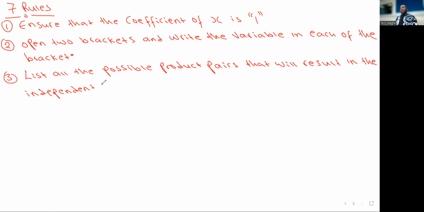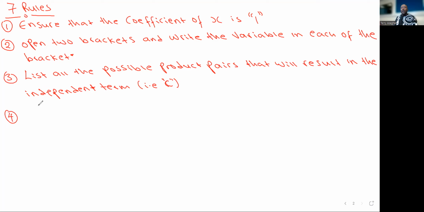So the independent term, I'm referring to the C. So I'm referring to the C in this case. It's ax squared plus bx plus c. So you're looking for all the numbers that you multiply together that will give you C.